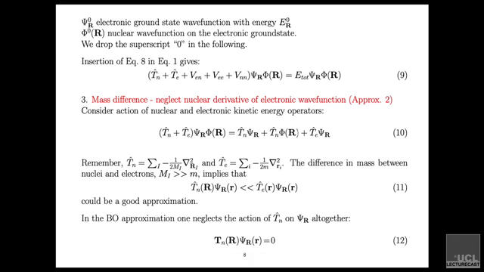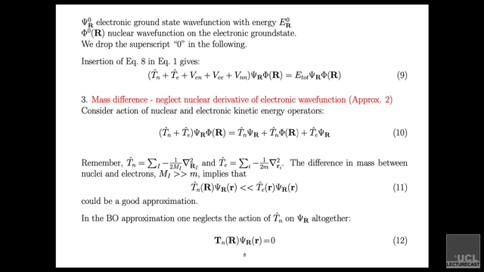Now in the Born-Oppenheimer approximation, one assumes that this is actually the case, and in addition, one assumes that this term here is zero altogether. So the Laplacian, if you like, of the electronic wave function with respect to the nuclear coordinates is assumed to be zero.